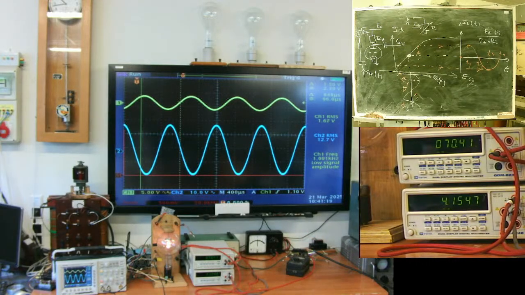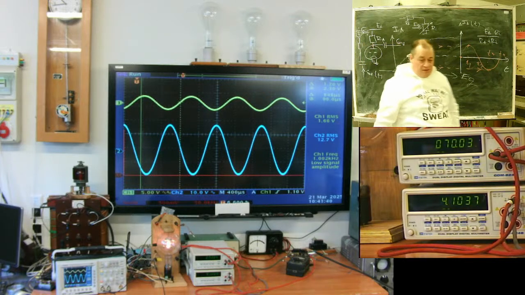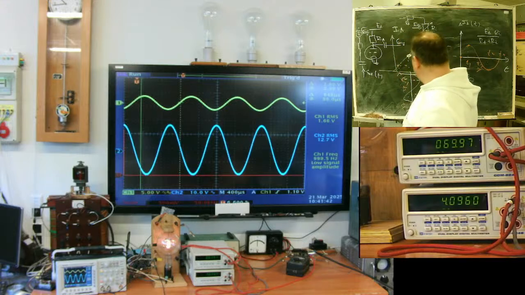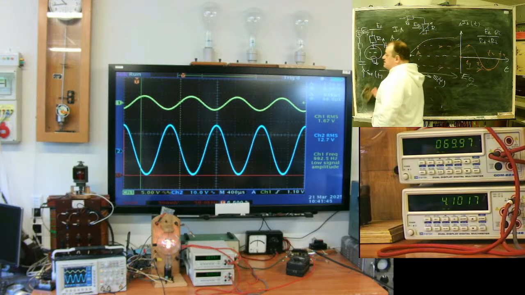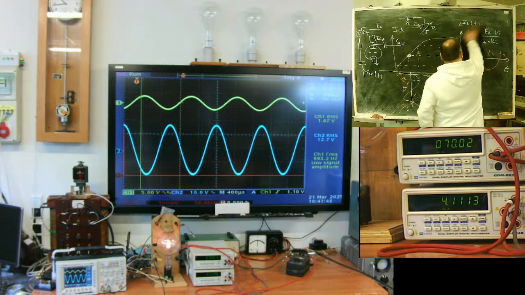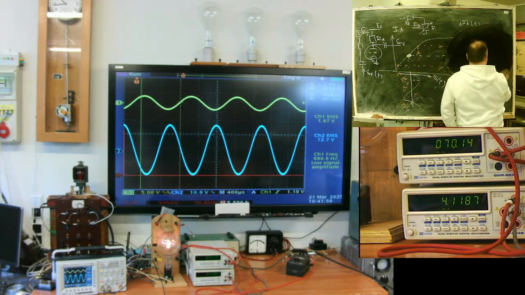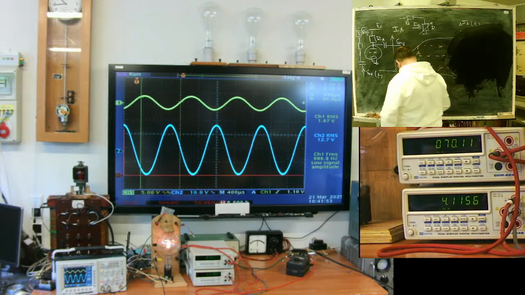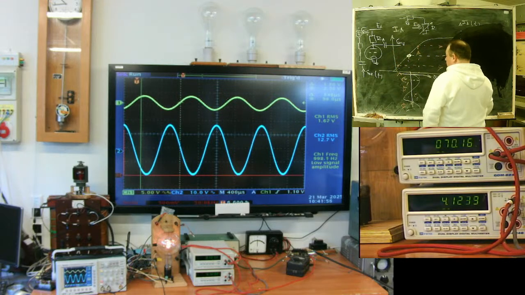And what do we see? At the input I have 1.6 volt. At the output I have 12 volts. You see, the characteristics repeat each other, but it's negative. At this moment, my triode or three-electrode valve acts as a linear amplifier.